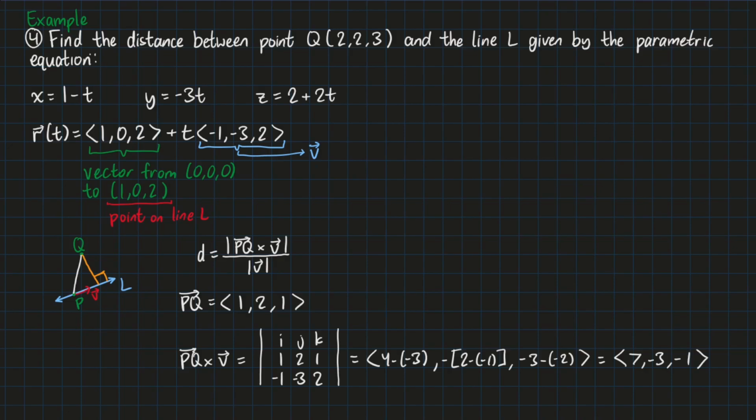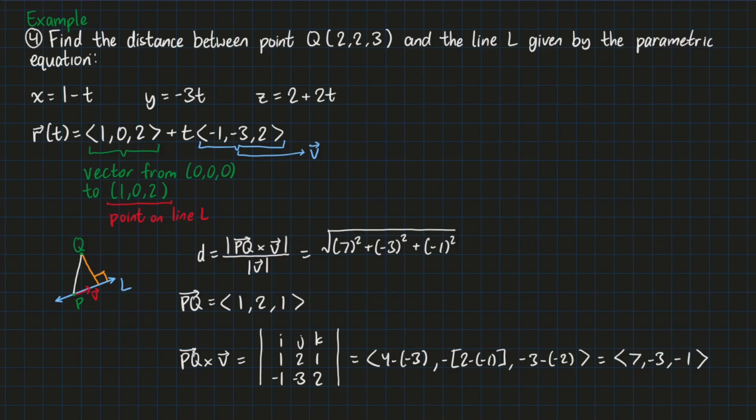So going back to the equation up here, the magnitude of PQ cross V is the square root of the sum of the components squared. So square root of 7 squared plus negative 3 squared plus negative 1 squared.